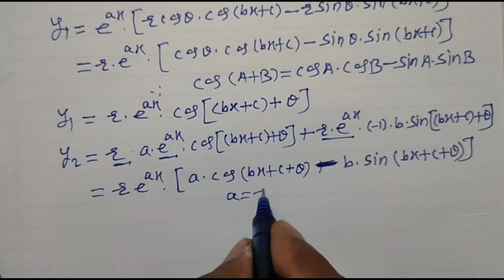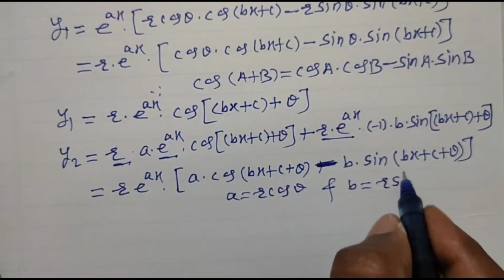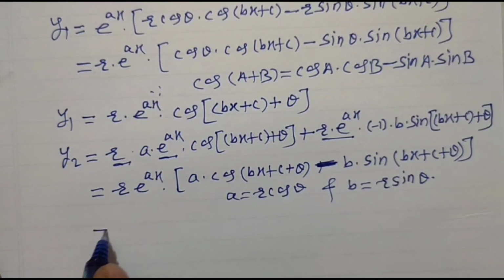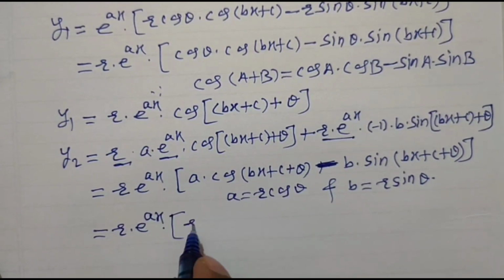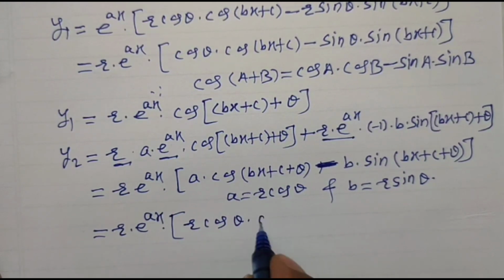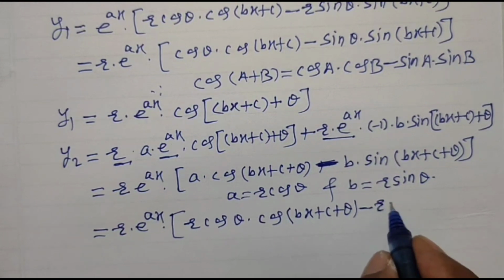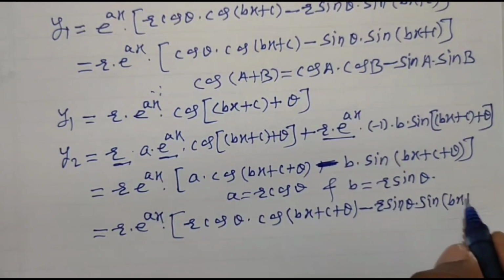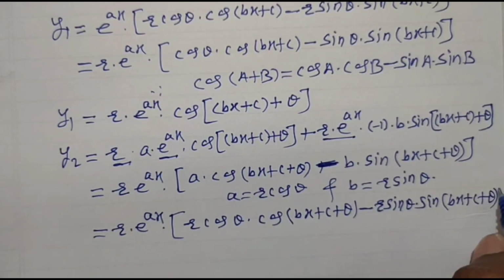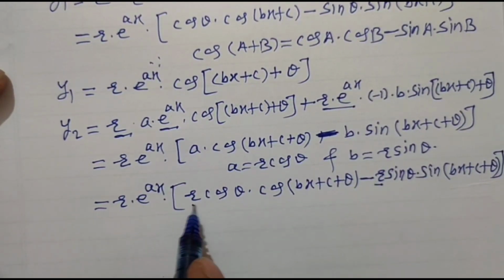Then this can be written as r into e to the power ax into bracket, r cos theta into cos of bx plus c plus theta minus r sin theta into sine of bx plus c plus theta, bracket close.